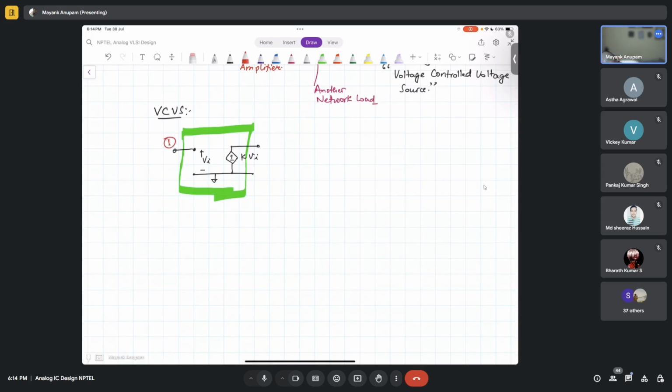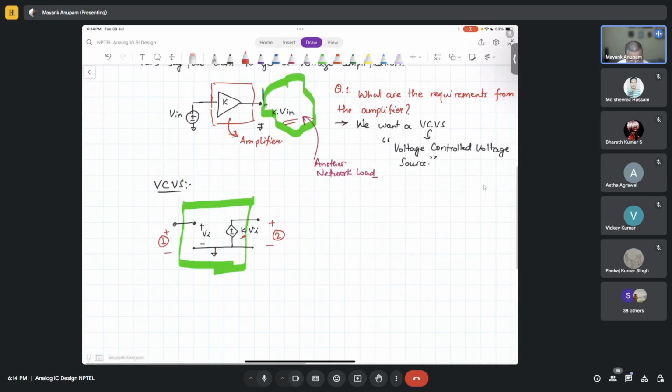This is number 1 and this is number 2. Port number 1, port number 2. So the voltage you will see at port number 2 will only be dependent upon the voltage at port number 1, and it will be proportional to the voltage at port number 1. The proportionality factor will be K here. So this is a VCVS.